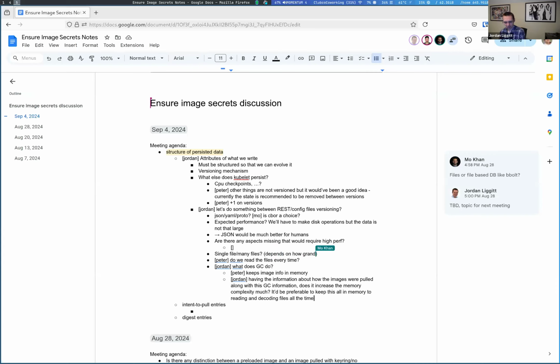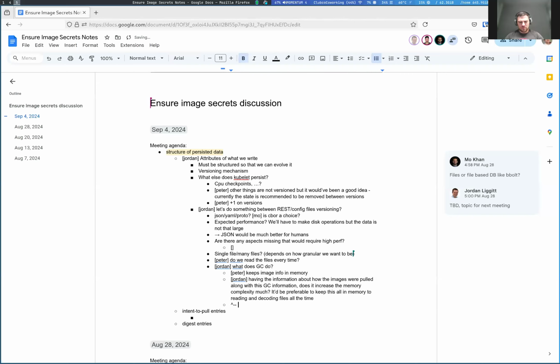Okay, so that's an open question. Will the kubelet keep all the bookkeeping in memory and then just persist changes back out to disk, or will checking a particular image involve reading in the bookkeeping for that image? There's a middle ground where it'll keep 1,000 entries in an LRU cache.